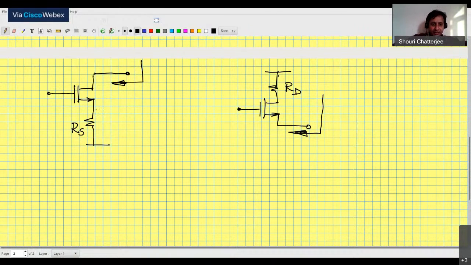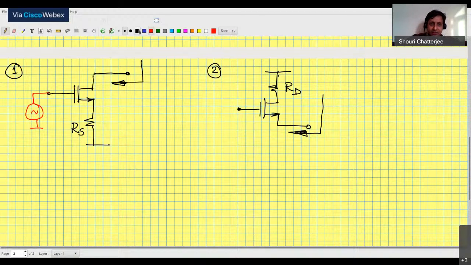In the first picture, let me call them picture 1 and 2, the input is applied over here. But remember, the formula is for measuring the driving point impedance, the output impedance. In that case, this input has to be nulled.